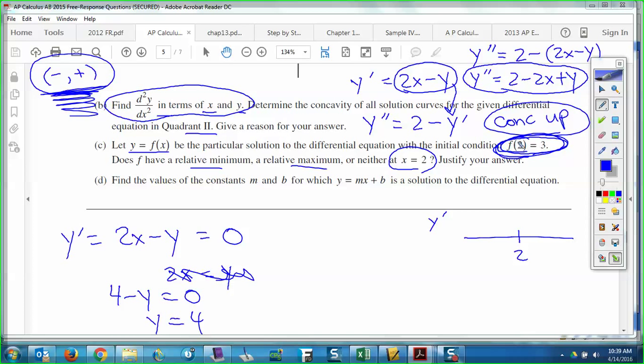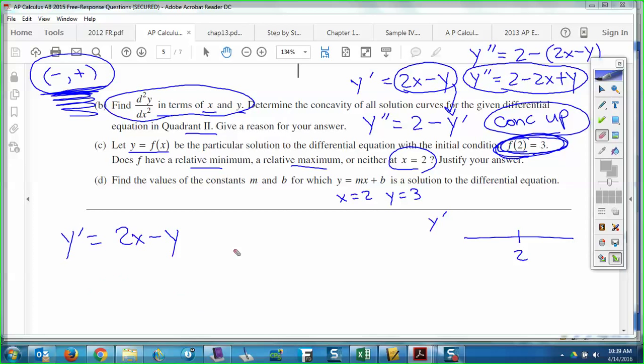Let's approach it from this standpoint. If f of 2 is equal to 3, that means x is 2 when y is 3. Instead of setting y prime equal to 0, forget that. Let's just plug the point 2, 3 into y prime.